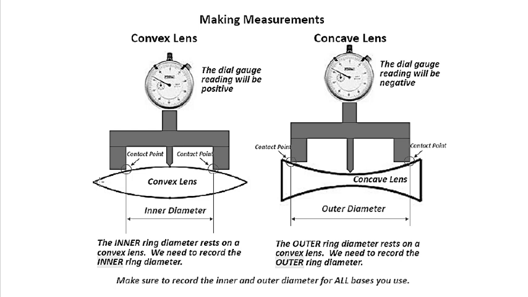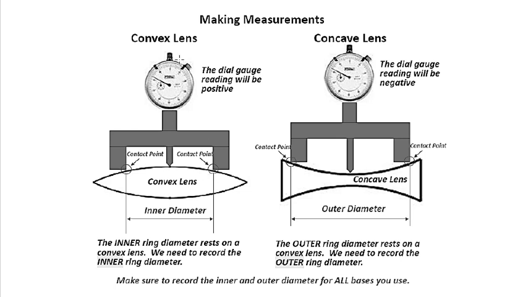See how the convex lens shape is different from this concave lens shape. From here to here is your inner diameter, because that is your inner knife edge, and this is your outer knife edge. We are drawing the front view, so you can see the circle from the inner base of this spherometer system.